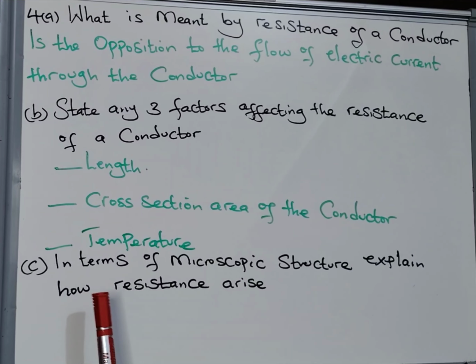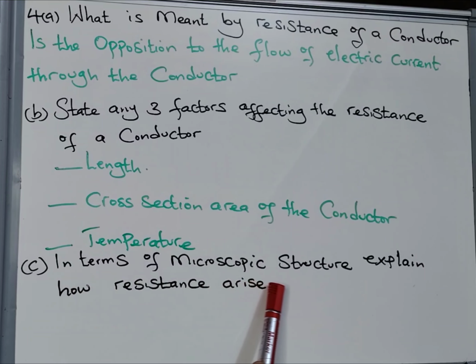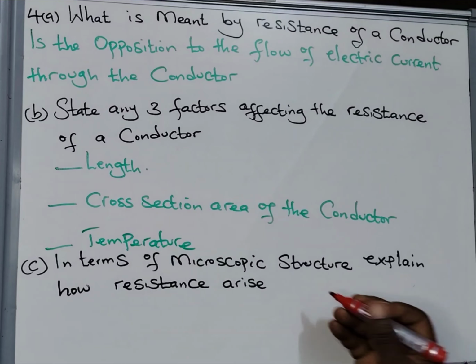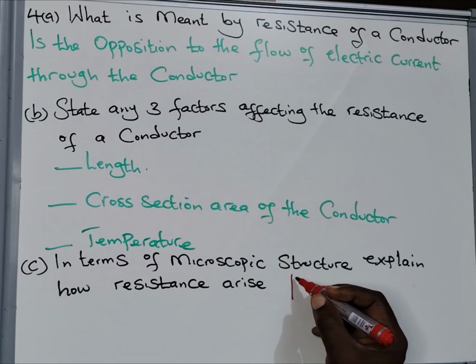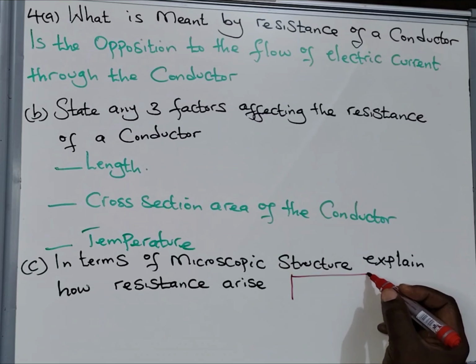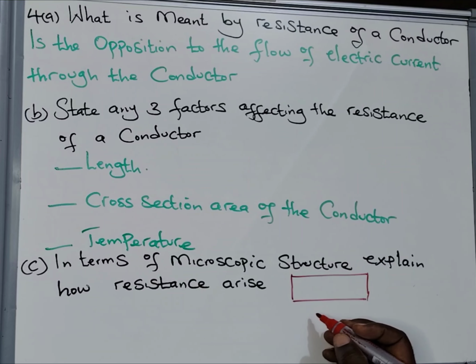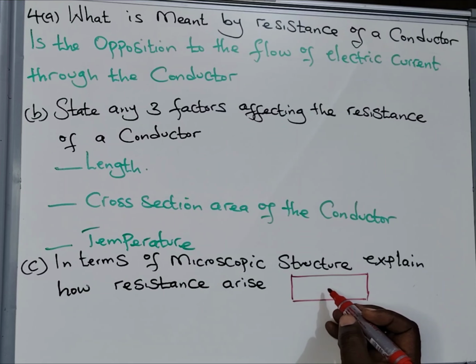So comes this question. It says that in terms of microscopic structure, explain how resistance arises. To answer this question, we need to have the metallic structure showing what we call the metallic bond.